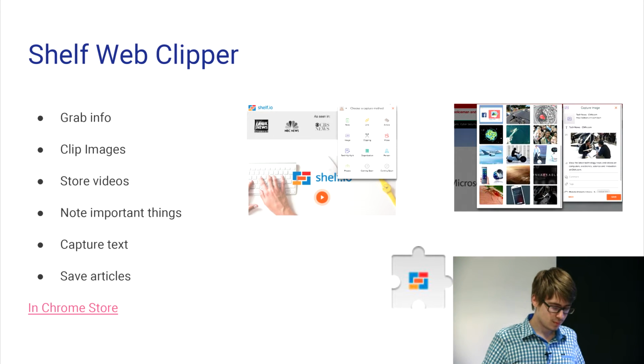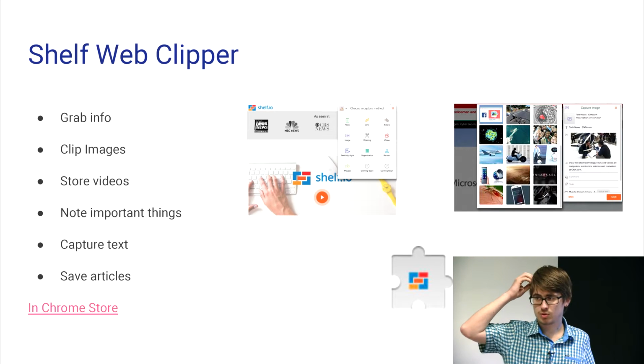The main idea of this application is to grab some information from pages, such as images, videos, and notes on important things. If you don't want to capture anything, you just have some thoughts, you write them and save them to our system.